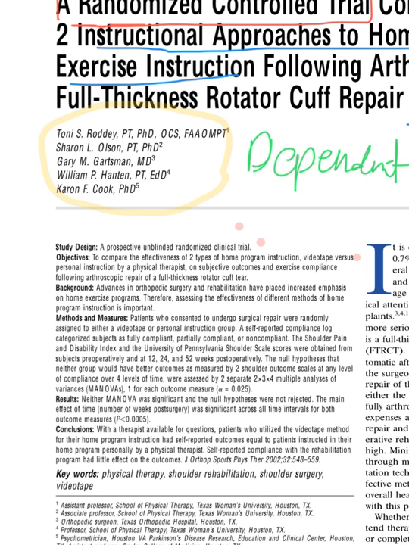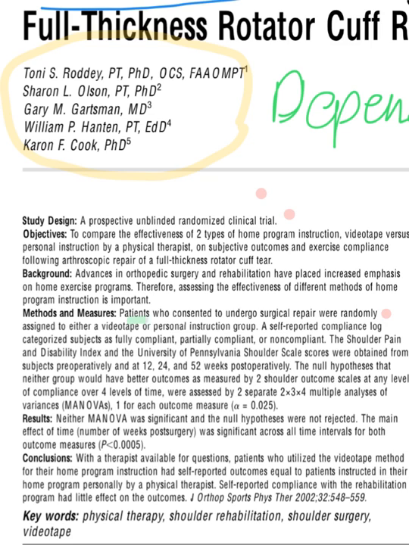And so they talk about their methods here. And this is important. Patients who consented. So that would be your ethical considerations.